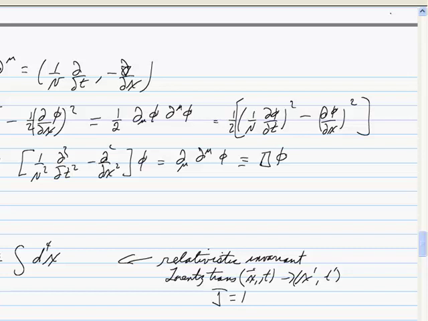Physically, length contraction and time dilation cancel each other: the time stretching and the length contracting along the direction of motion cancel each other. But math-wise, you calculate the Jacobian of the transformation.